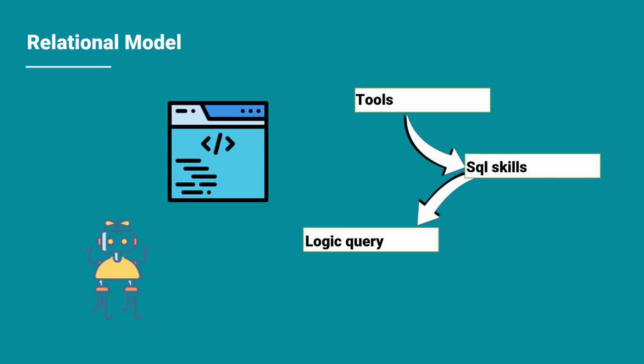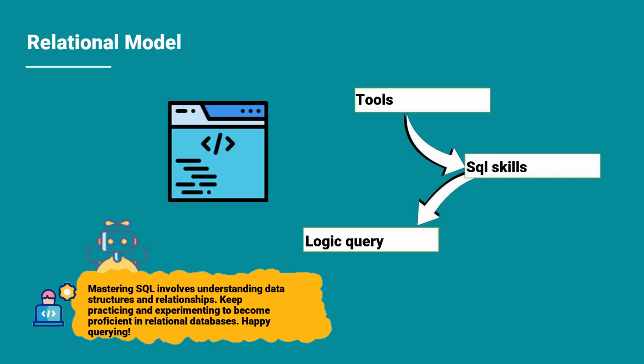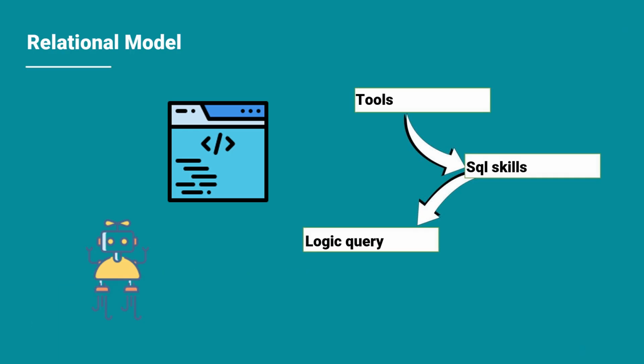Now, remember, mastering SQL isn't just about memorizing syntax. It's about learning to think in terms of data structures and relationships. As you keep practicing and applying these concepts, you'll find that the relational data model serves as an invaluable foundation for building data-driven applications and systems.